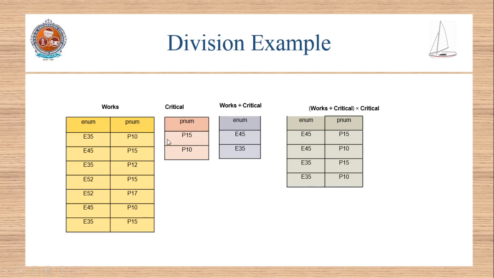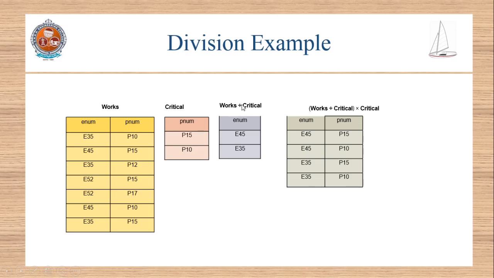And then we are having the critical instance with 2 tuples, 2 records. And the condition here is that the attributes of the second relation, the right relation, must be a subset of the attributes of the left relation.